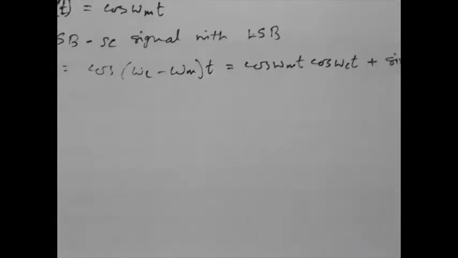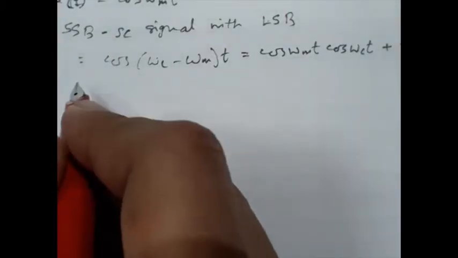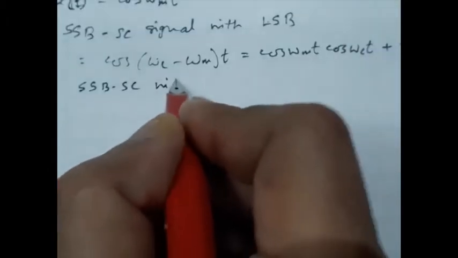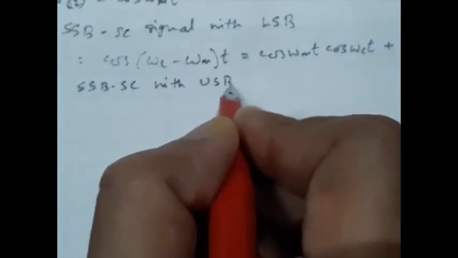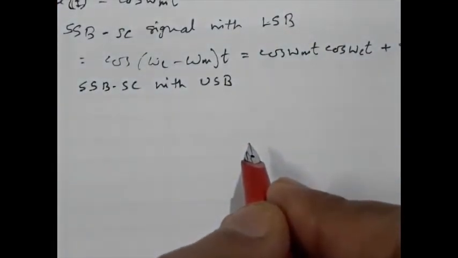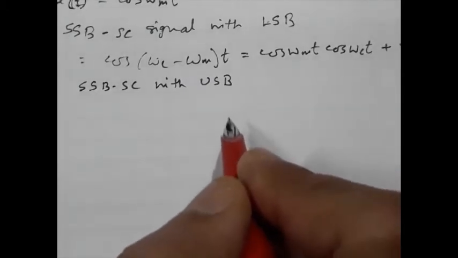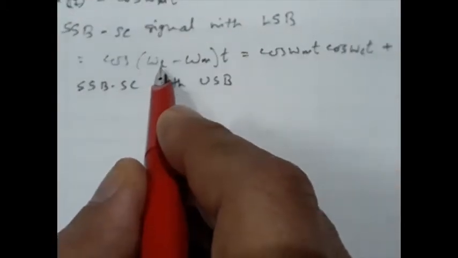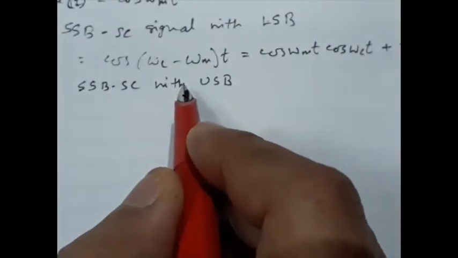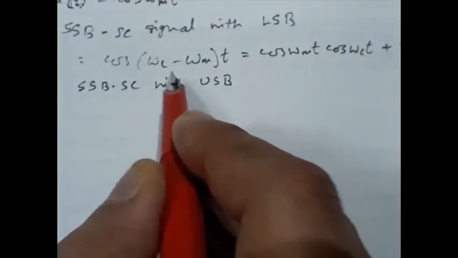Similarly, if we have SSB-SC with upper sideband, then from the spectrum we can see that instead of frequency omega c minus omega m, we should get a spike at frequency omega c plus omega m.